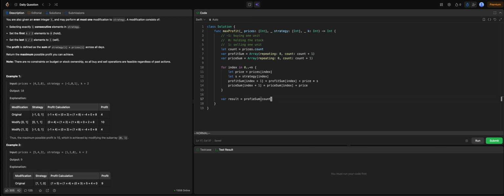And then let's call like a half. That will be the k by 2. Okay, let me return the result in here. I'm gonna print out the profit sum and price sum.